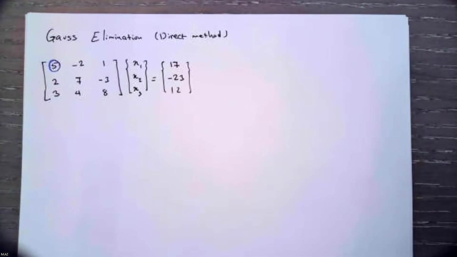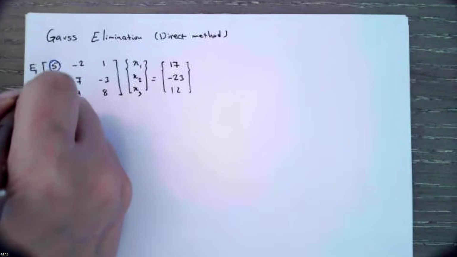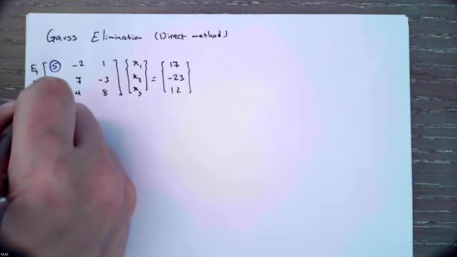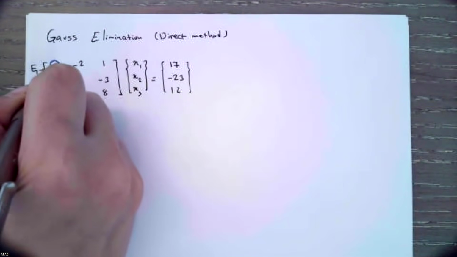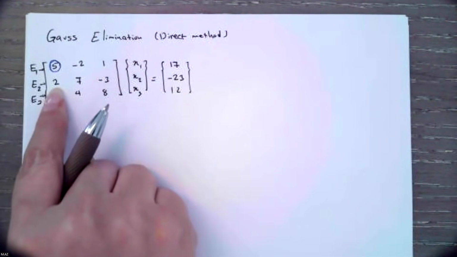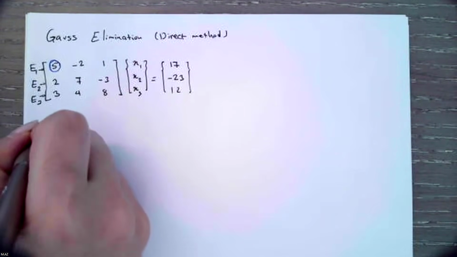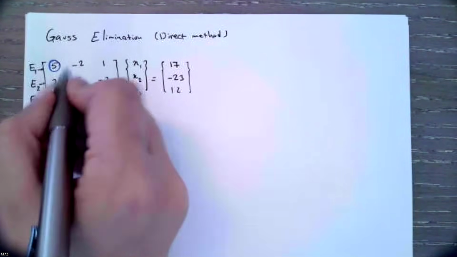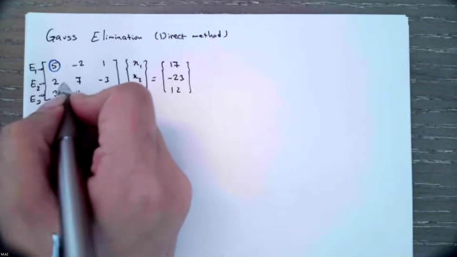And how can we turn them to zero? By elementary row operations. This is equation 1, equation 2, and equation 3. For turning this element to zero, we have to create the -2 and then add it together, and it becomes 0.